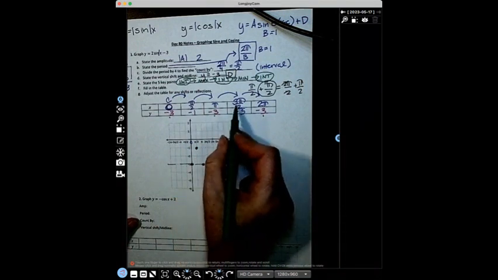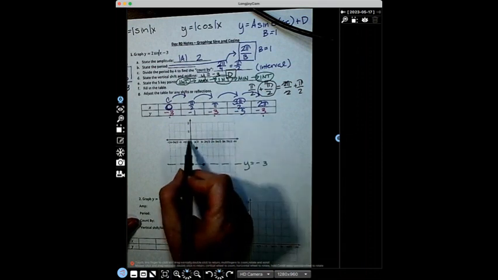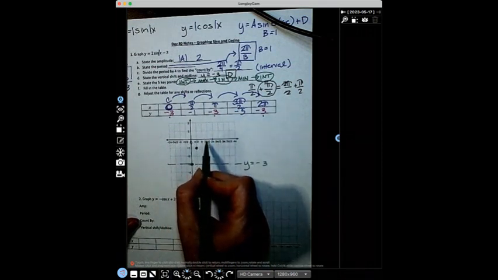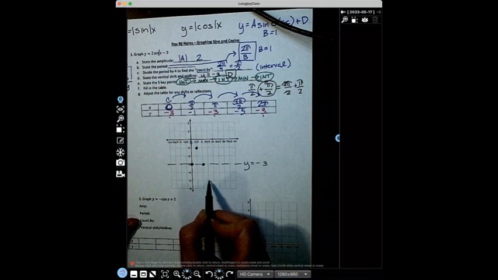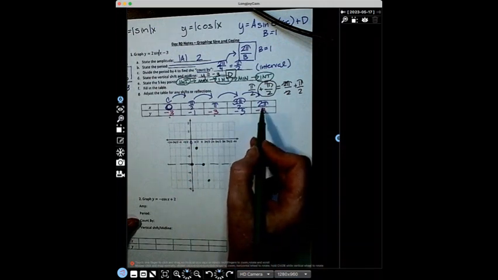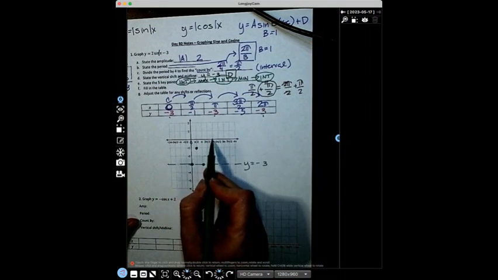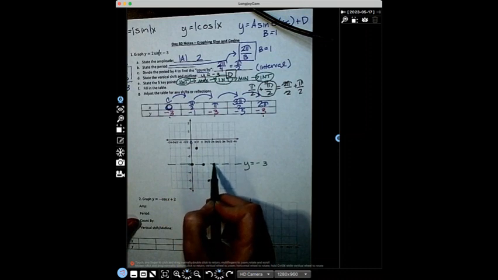And then 3 pi over 2, -5. Go over to 3 pi over 2 on the x, down to -5. And then the last point of my 5 critical points is 2 pi, -3. Go over to 2 pi, down to -3.